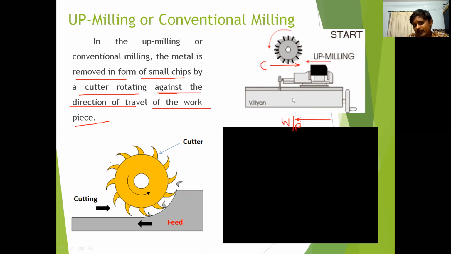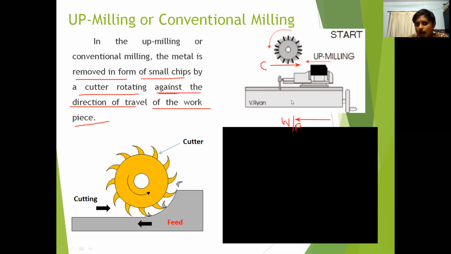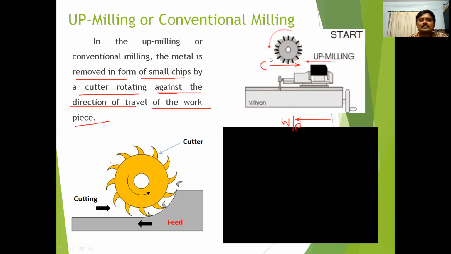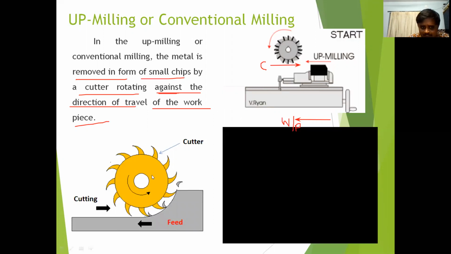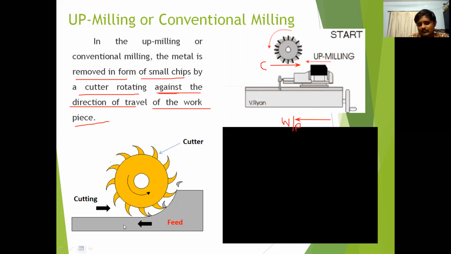So that means if you are giving the feeding, if you are moving the work table in the direction opposite to the direction of rotation of the cutter, that type of method is called the up milling method. Here if you observe, this is the cutter rotation, and this is the movement of the work surface.